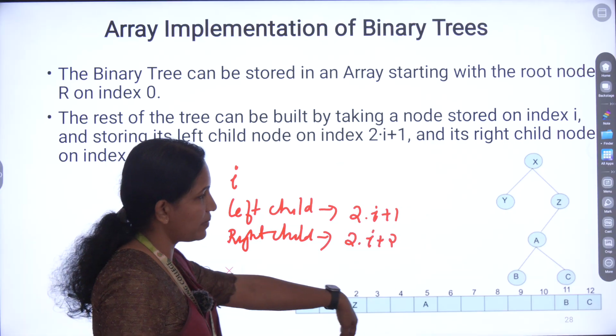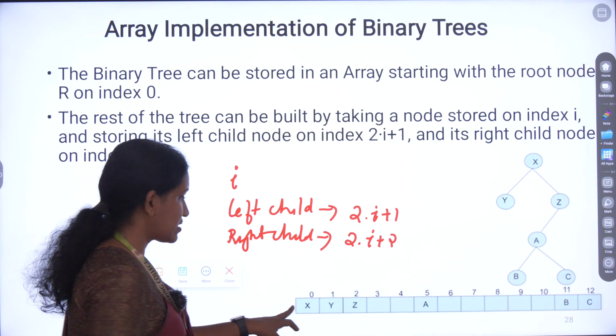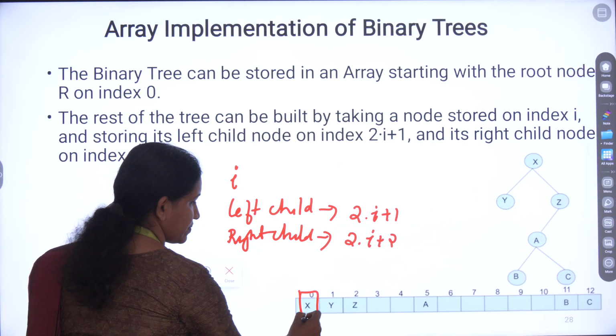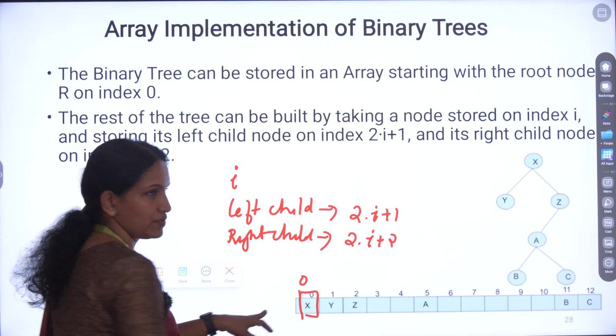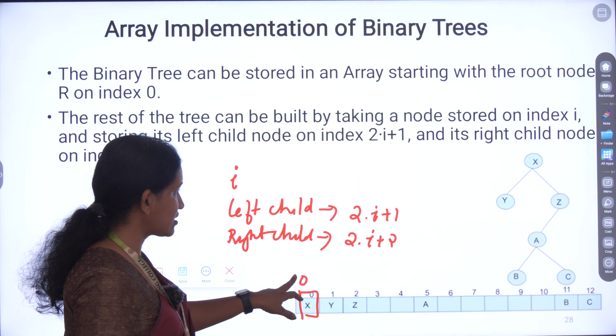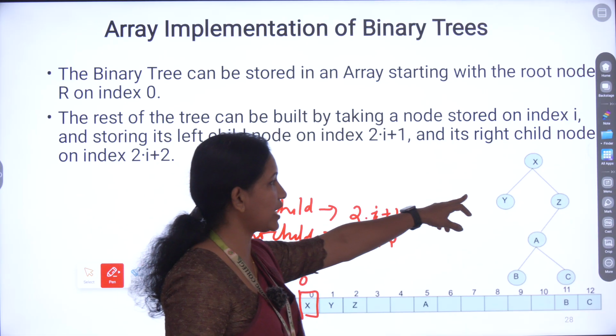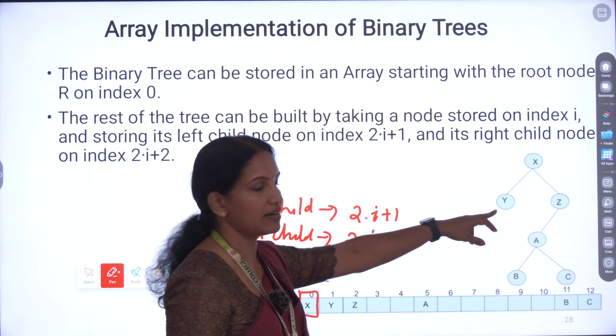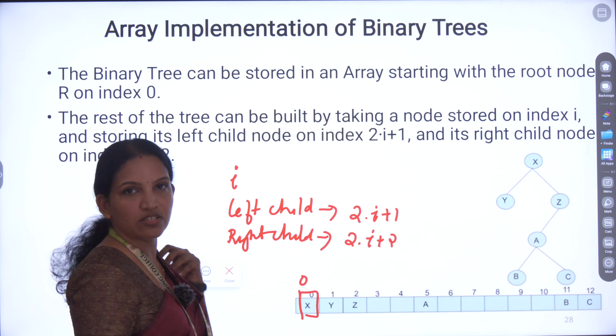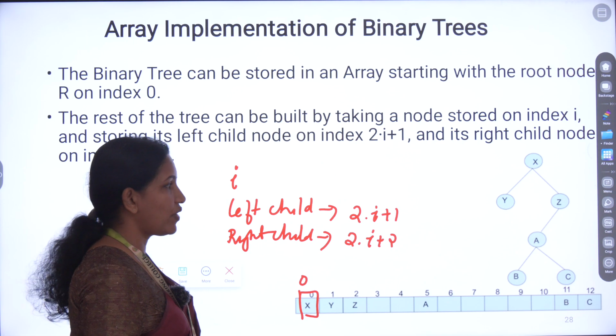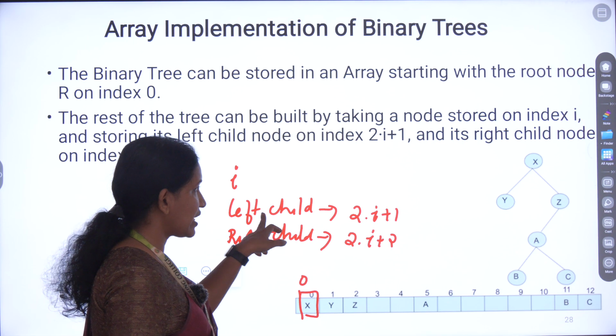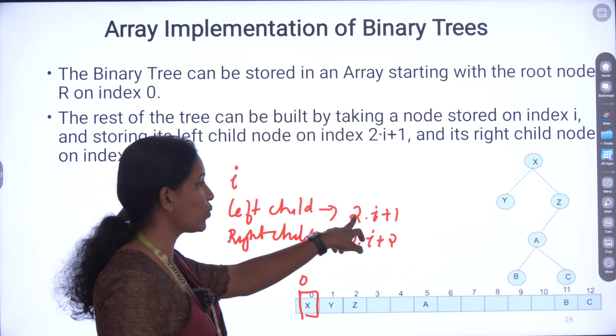So in this example X is the root, so X is stored in index 0. Then X has two child nodes Y and Z. So where will Y and Z be stored? We have to find the index for Y and Z. The left child Y will be stored in 2 into I plus 1.